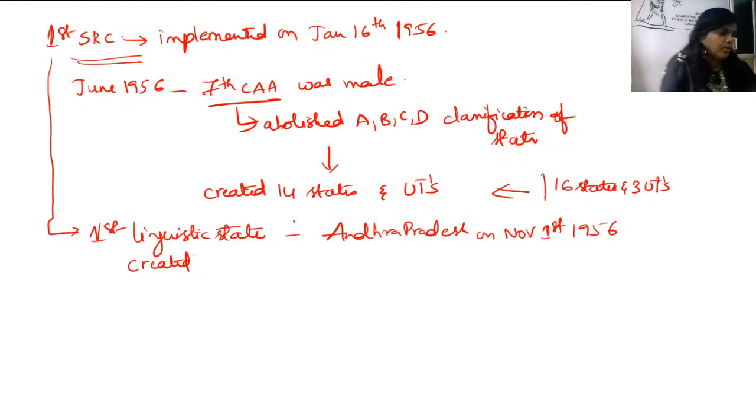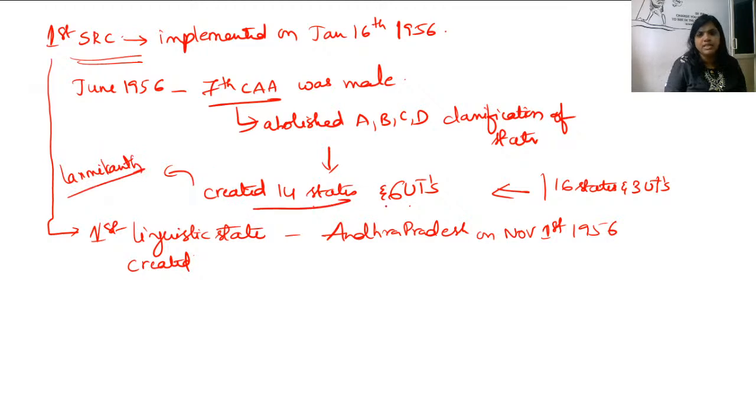Okay. So you have to understand that by 1956, a total of 14 states and 6 UTs were created. When you check the Lakshmikant book, please refer Lakshmikant book. In that Lakshmikant book, you will have the list of these 14 states and 6 UTs.